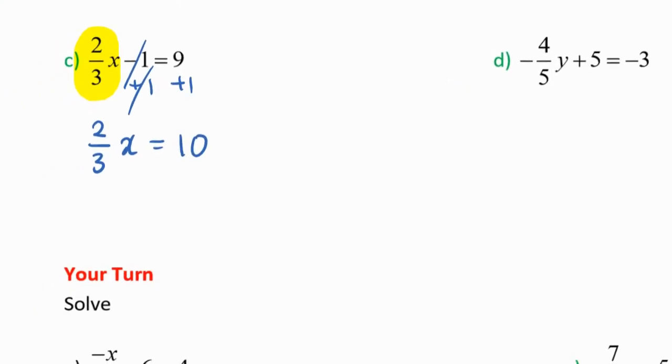Alright everyone, and we want to know what x is. To find x, we're going to use the reciprocal because we want to get rid of this number. To get rid of that number, we have to make it 1.